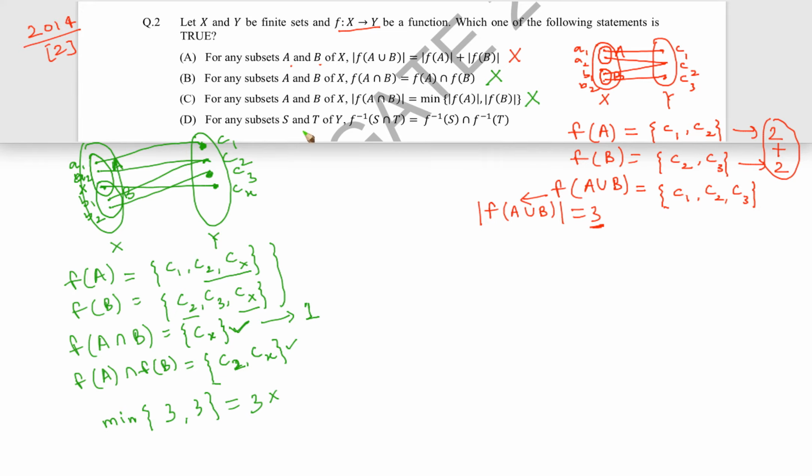And now you can see that only D is left, so D has to be correct, and that is the answer. Let's check that also.